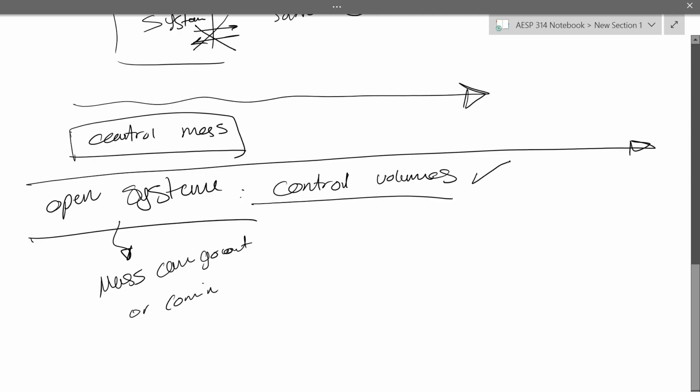Which is true for the control volumes, but we have one additional constraint when it comes to control volume. Who can tell me what that is? What is the constraint we have in control volumes?